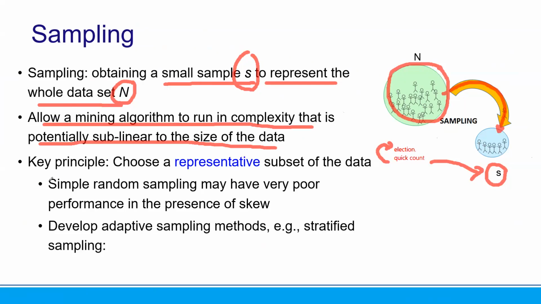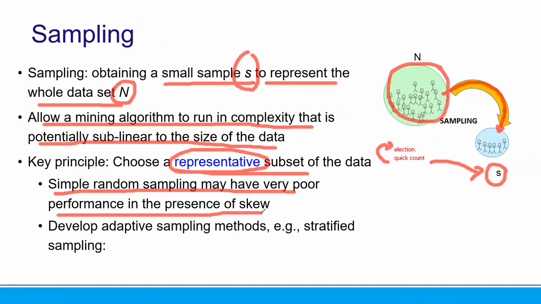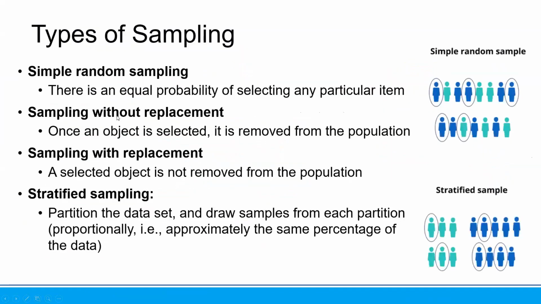The key principle is how we can choose a representative subset of the data. The simple random sampling may have very poor performance in the presence of skew, and we can adopt some adaptive sampling methods like stratified sampling. So there are several types of sampling that we can learn.